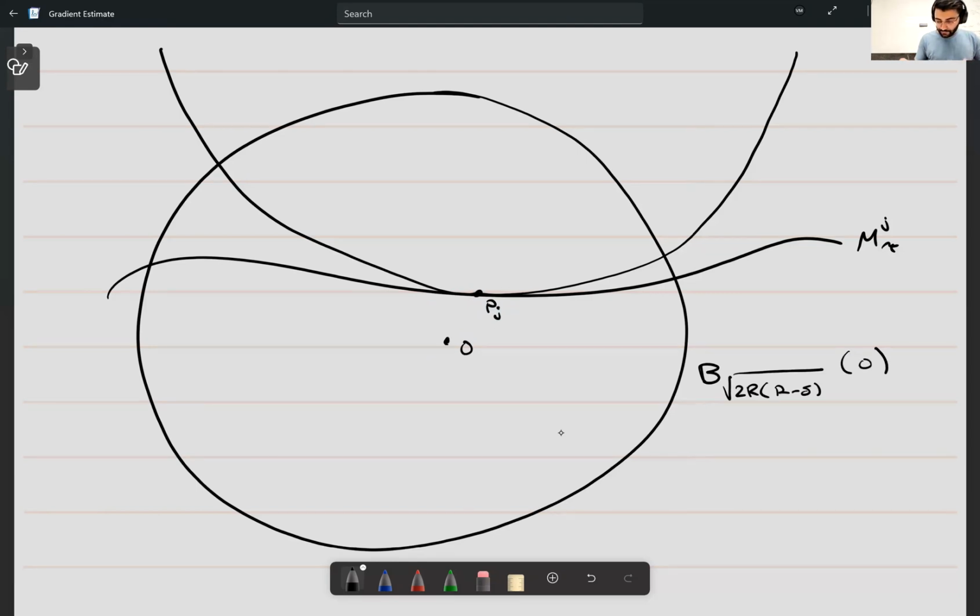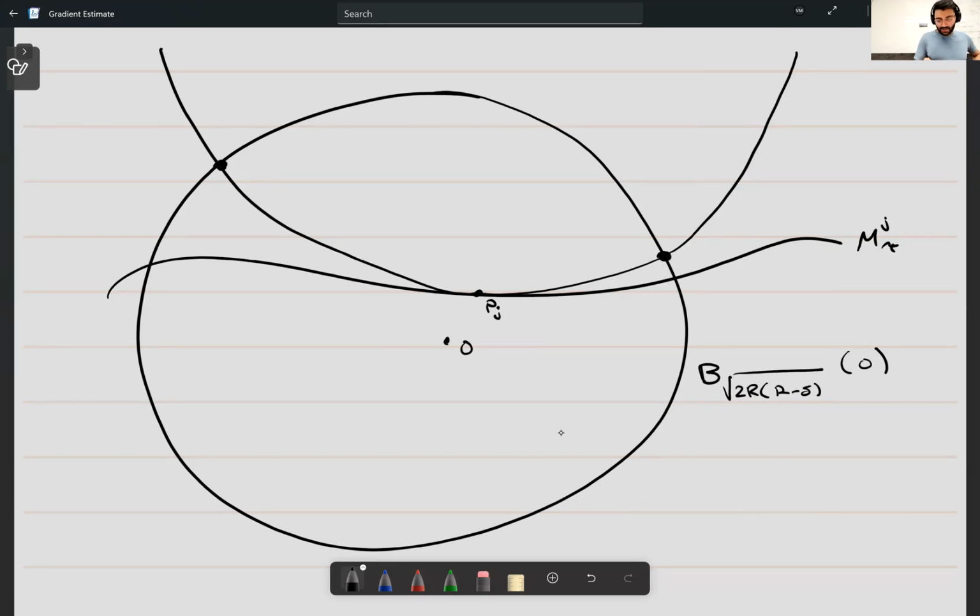So M_{j,tau} lies below this line here, and I know that p_j lies within this set here. So the maximum values are going to be at this intersection. So in order to estimate the height, I need to estimate the height of these 2 points here.